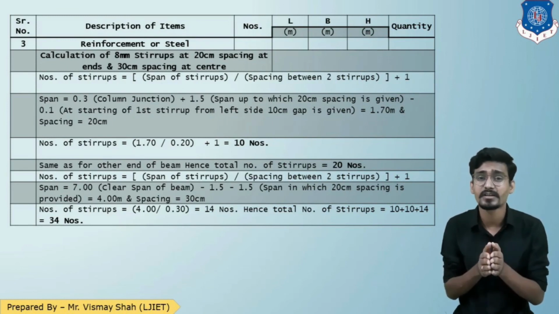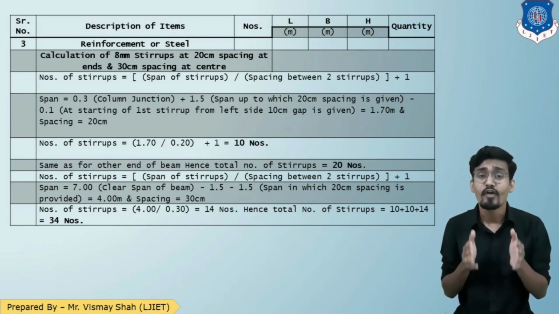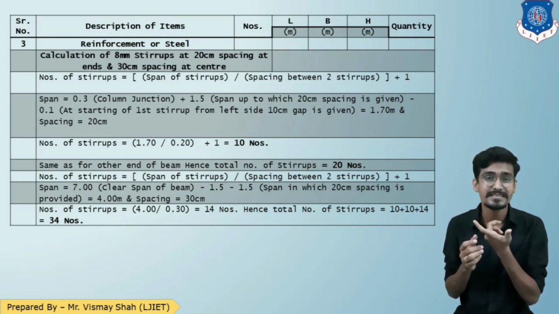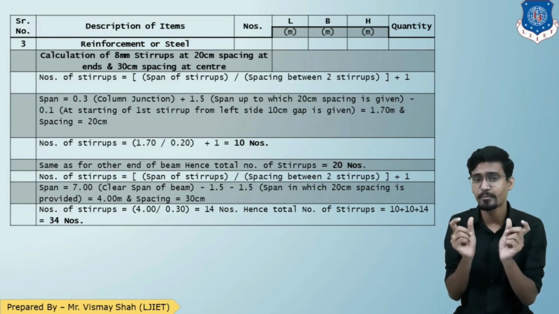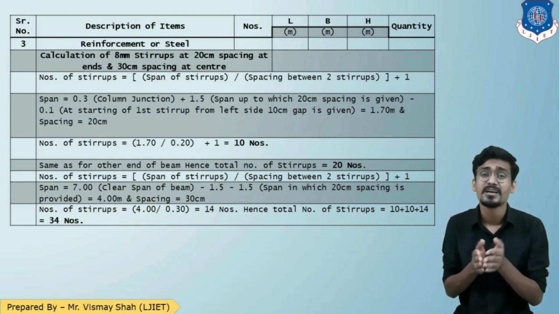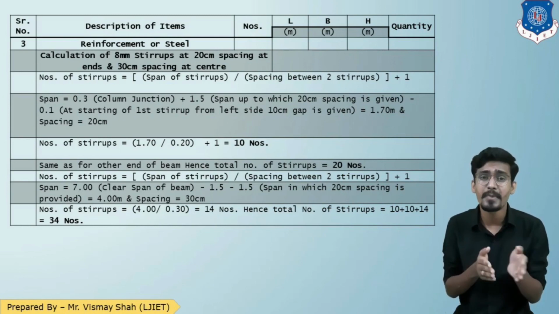Now let us see for the 30 centimeter spacing. For 30 centimeter spacing, as you can see, the span will be 4 meter. The clear span is 7 minus 1.5, 1.5 at both ends. So 4 meter will be the span, with 30 centimeter spacing. So we'll get the number as 14.